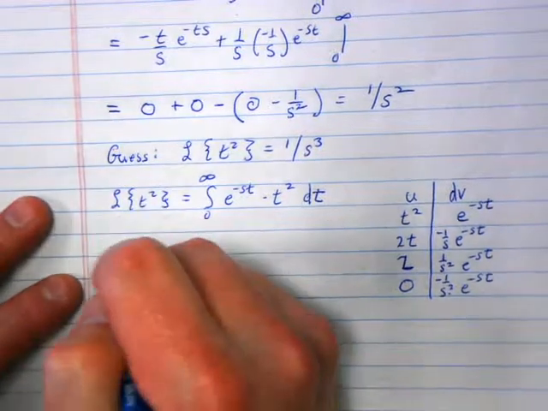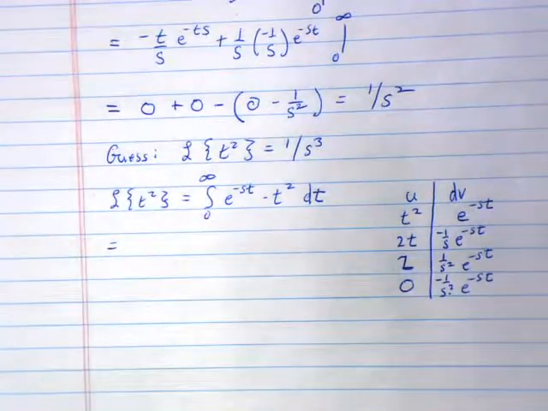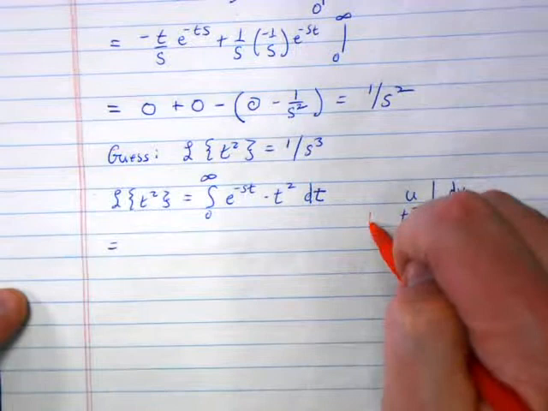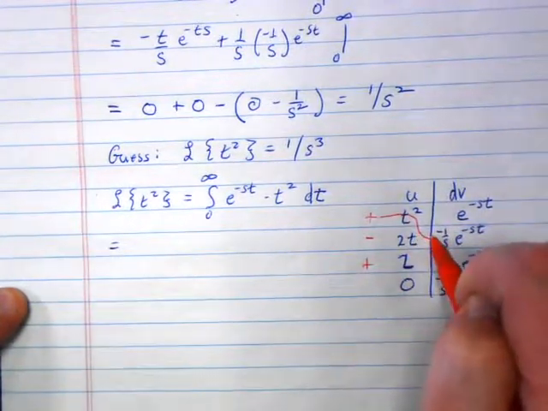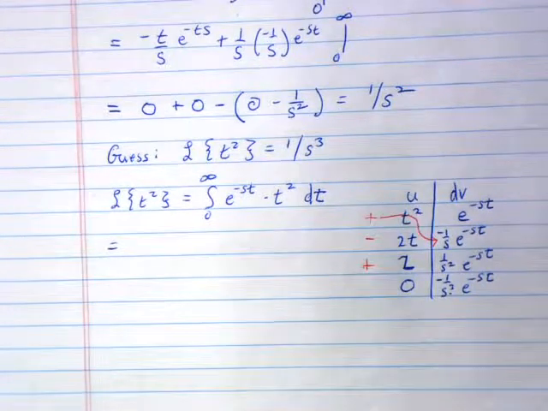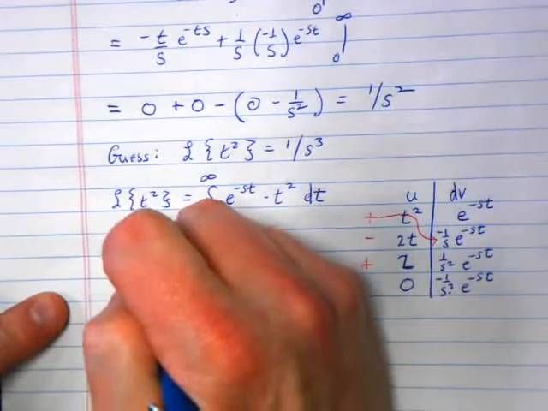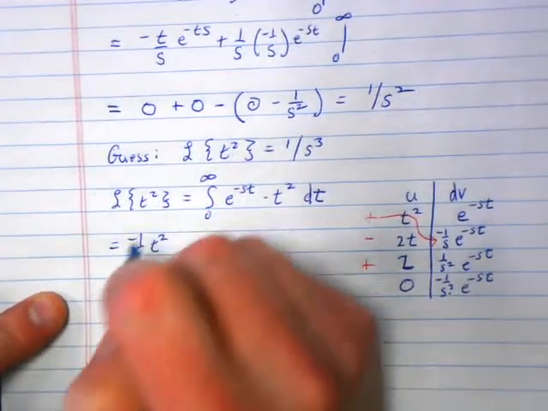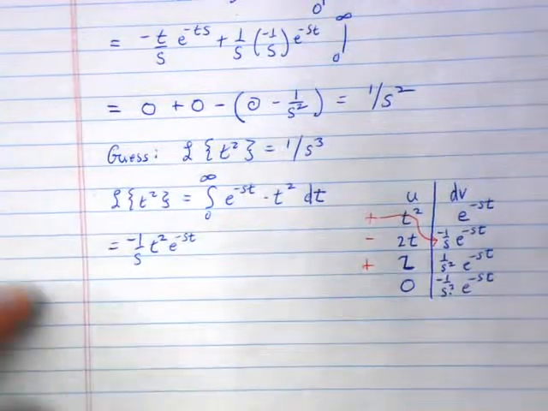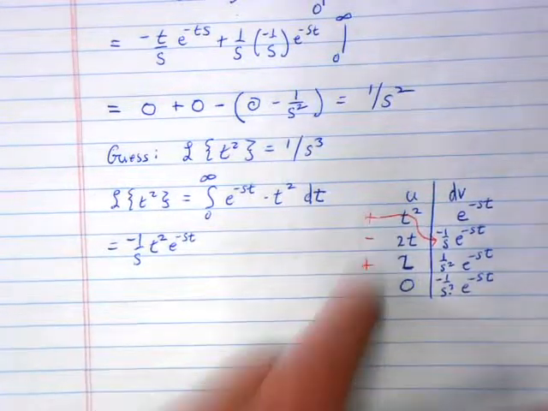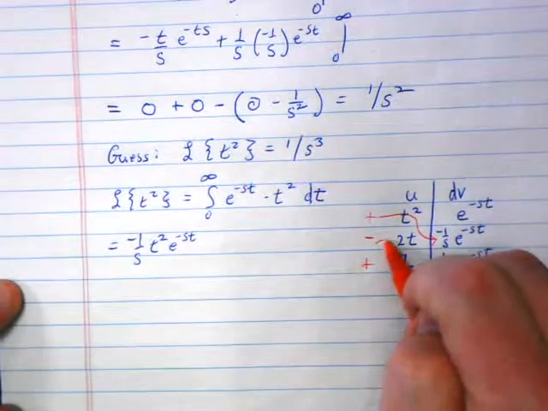All right, so remember how this tabular method works? You've got a plus and a minus and a plus, and you multiply that way. So I'm going to have negative 1 over s, t squared, e to the negative st. And then the next one gets a minus, and you multiply like so.